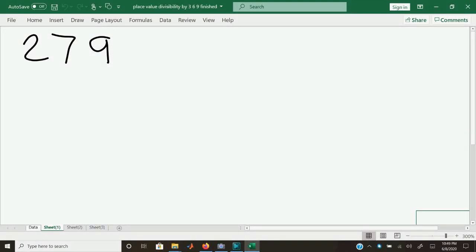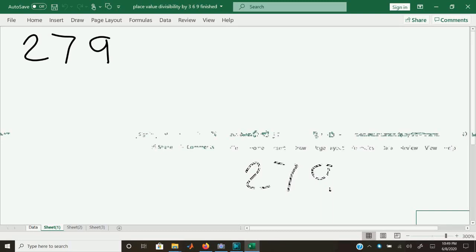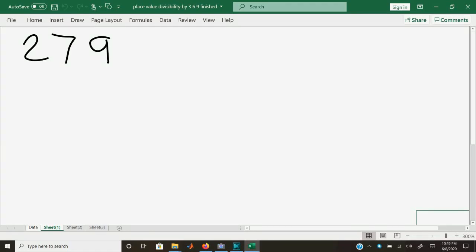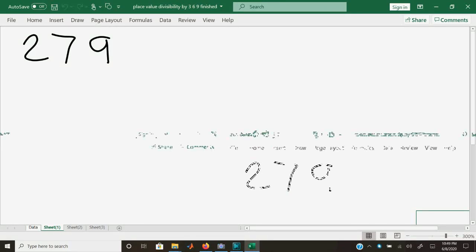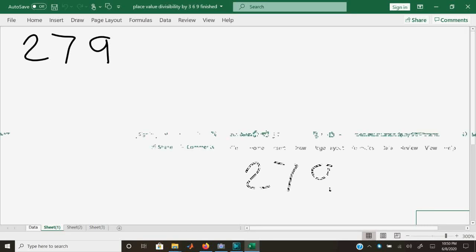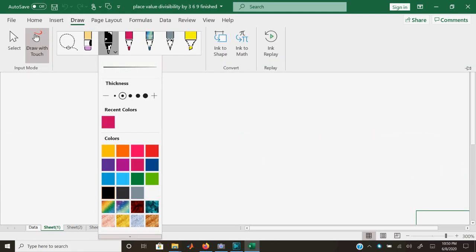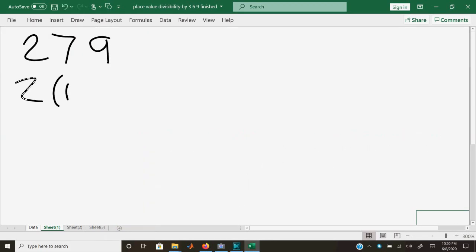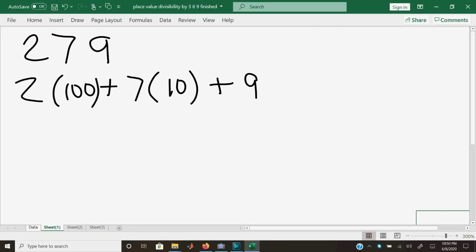First thing I'm going to do is divide up my 279 into the place values, much the same as I did in the video on divisibility by 2, 4, and 8. So I'm going to call that 2 times 100 plus 7 times 10 plus 9.